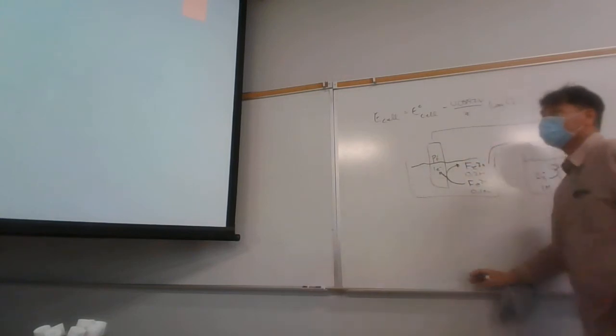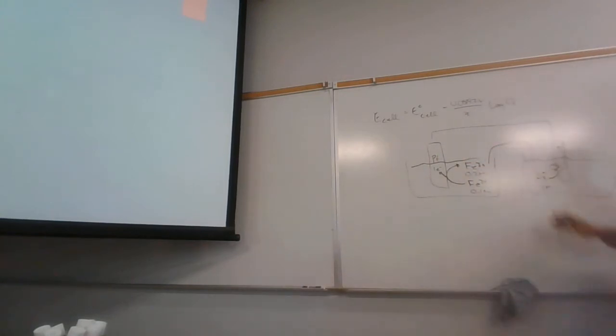First off, let's calculate it for standard conditions. So we need to calculate E naught of the cell, which assumes everything's at 1 molar. That's going to equal the anode potential plus the cathode potential. Oxidation occurs at the anode, so this would be the oxidation potential. Reduction occurs at the cathode, so this would be the reduction potential.